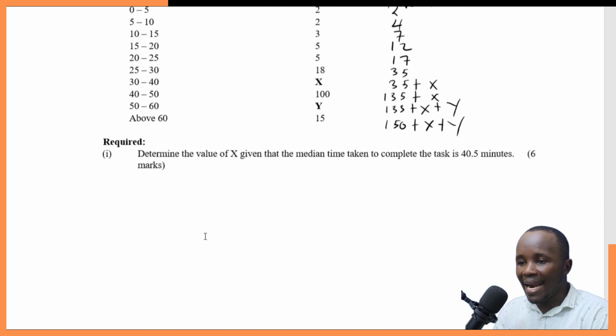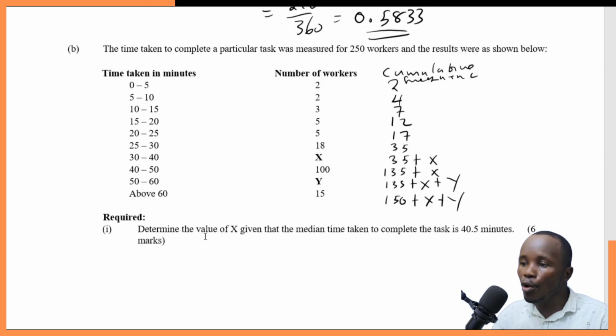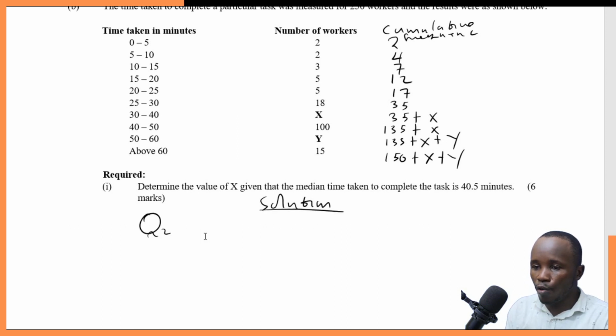Then you're told to determine the value of x given that the median time taken to complete the task is 40.5. How do we find the median? You need to know how to find the median. The median is the same as the second quartile.